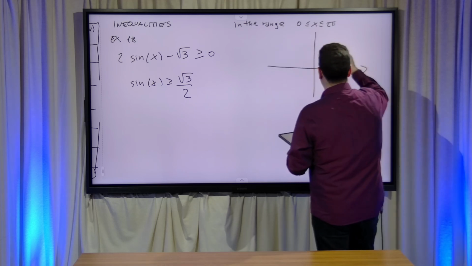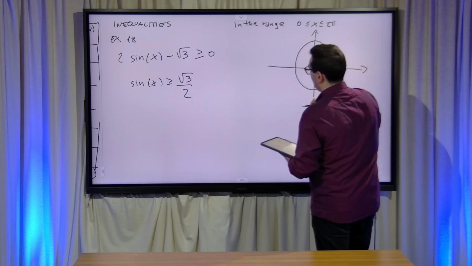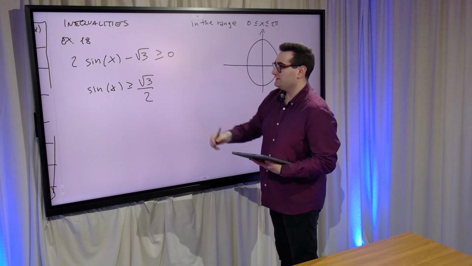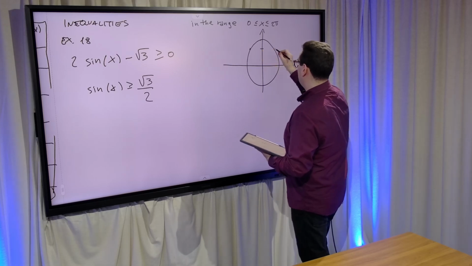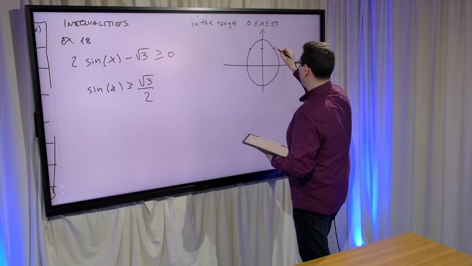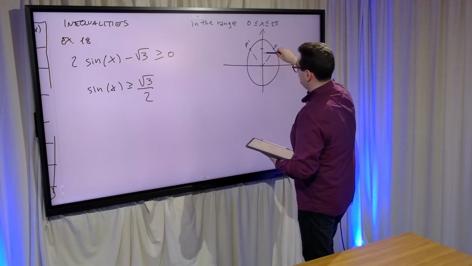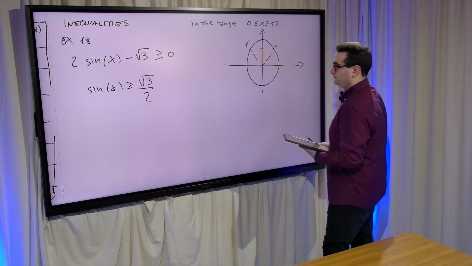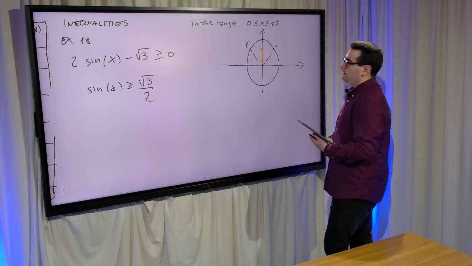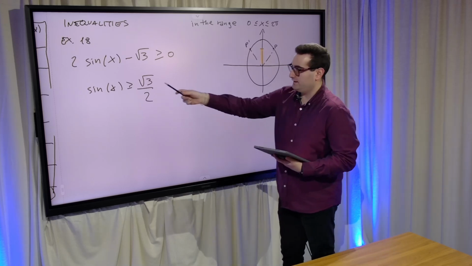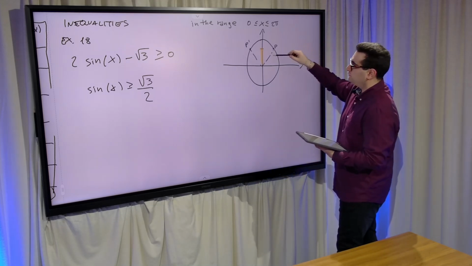And now, let's see, what does this mean? Let's consider again the unit circle. When I had only the equal sign, I was looking for this segment, okay, this value. Now, I'm saying that the sine of x must be greater or equal to this one.